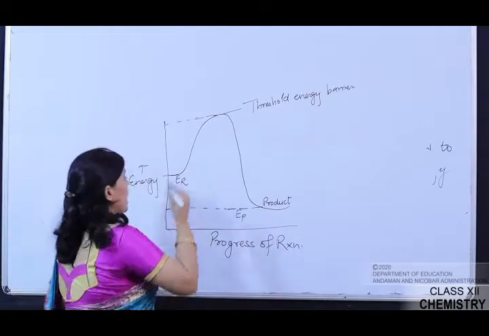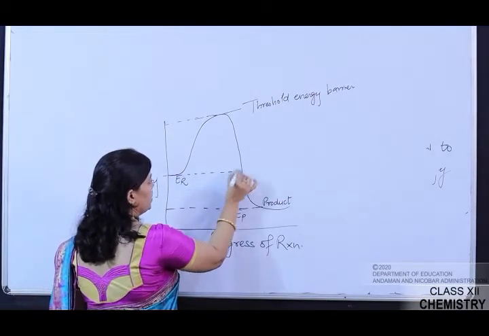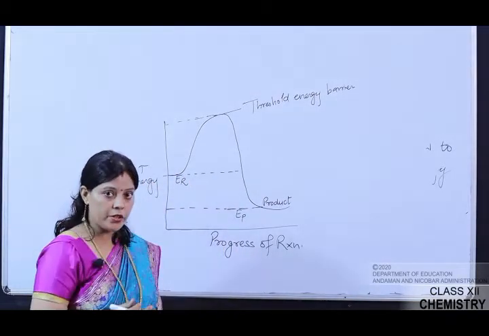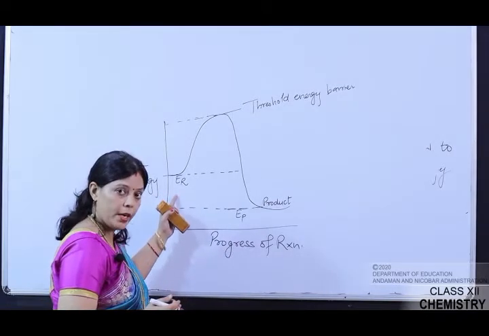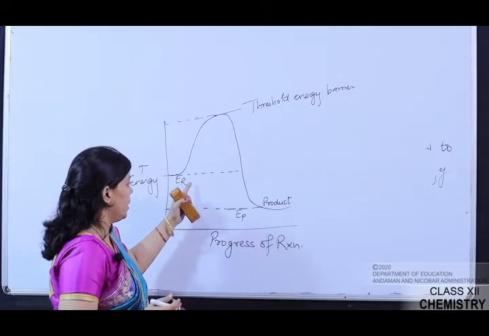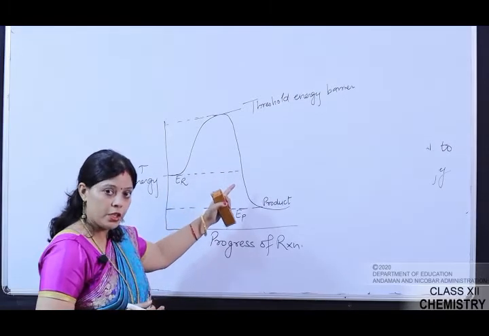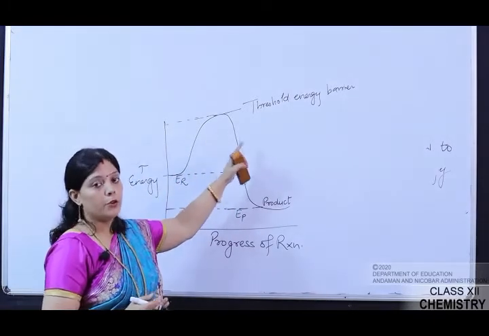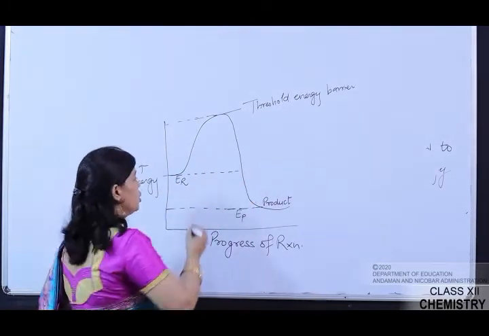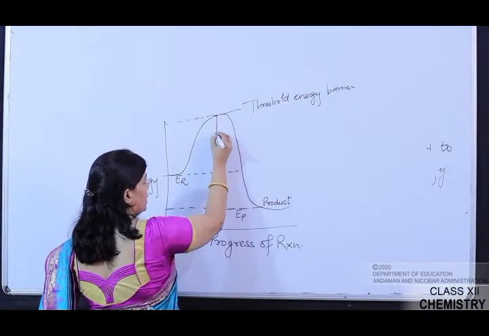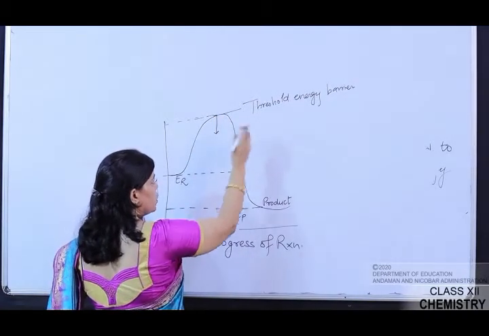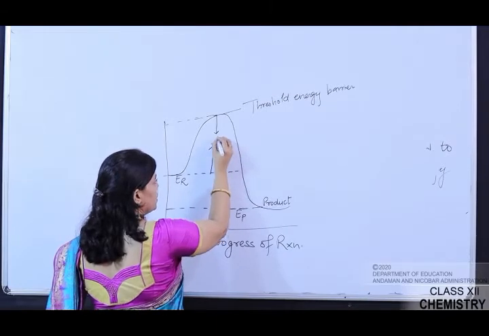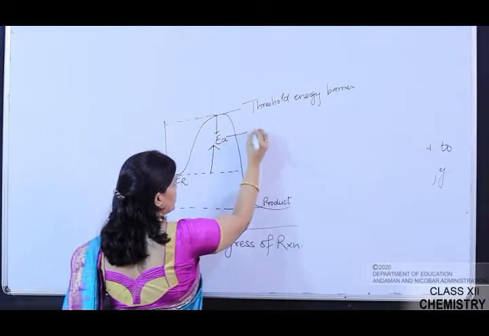So what is activation energy? The activation energy is the extra energy which must be supplied to the reactants so that the reactants collide with each other to form the intermediate, the activated complex. So the difference between the energy of the reactant and the threshold energy barrier is named as the activation energy.